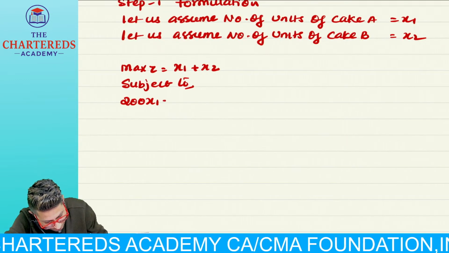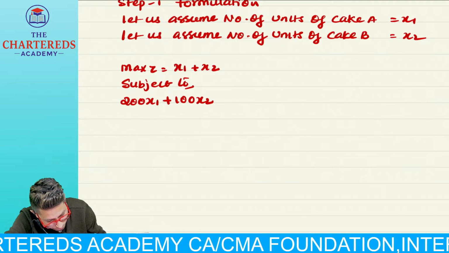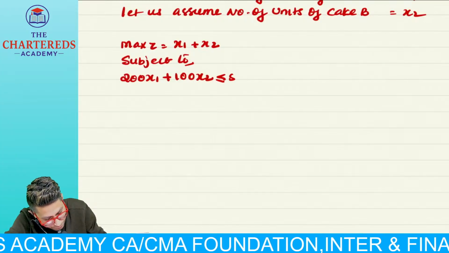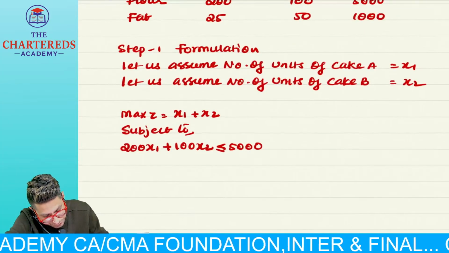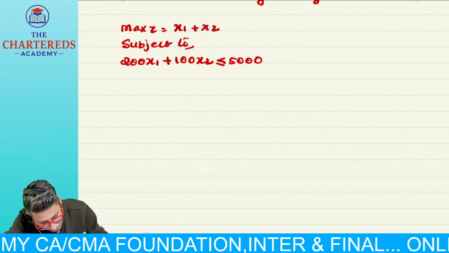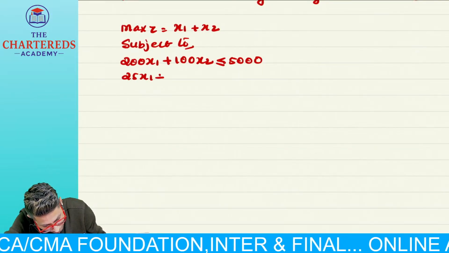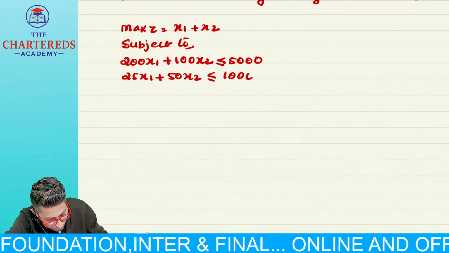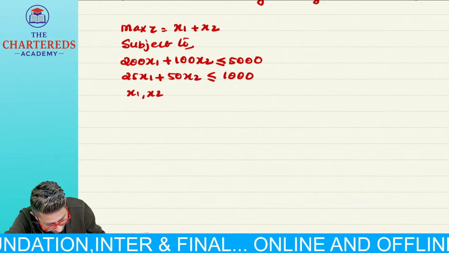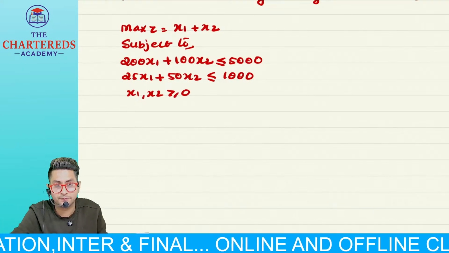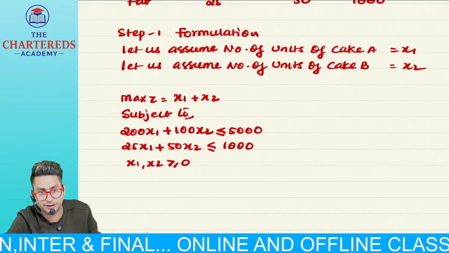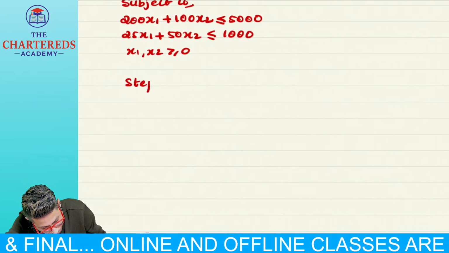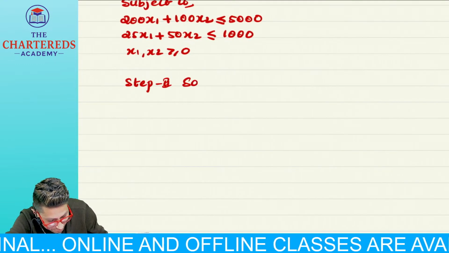Now tell me, which symbol should I use? Less than or equal to 5000. Next, 25 X1 plus 50 X2 is less than or equal to 1000. X1, X2 is greater than or equal to 0. This is step number 1, formulation. Now step number 2 will be solution.